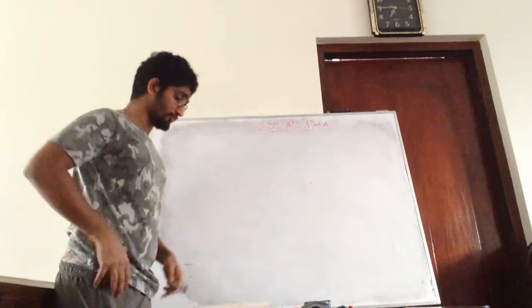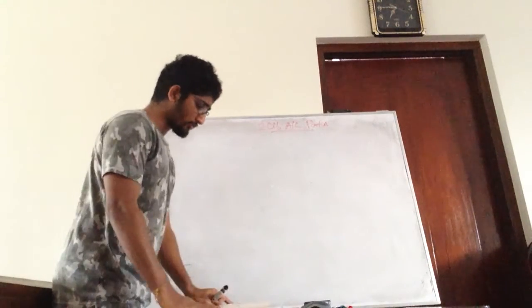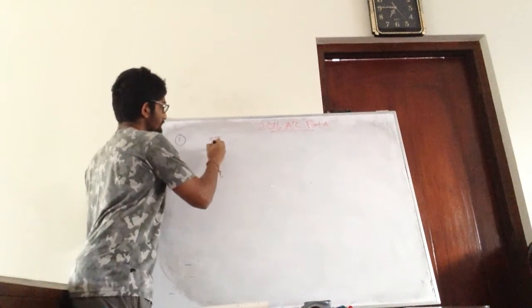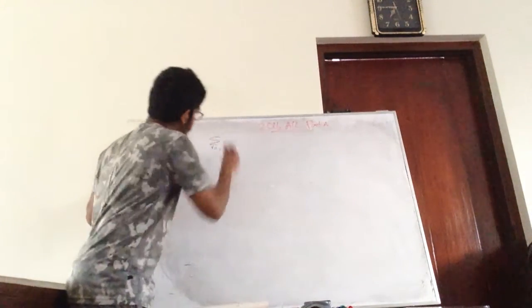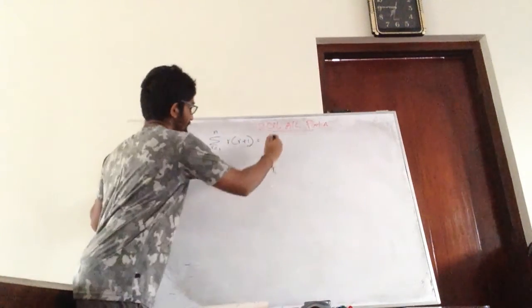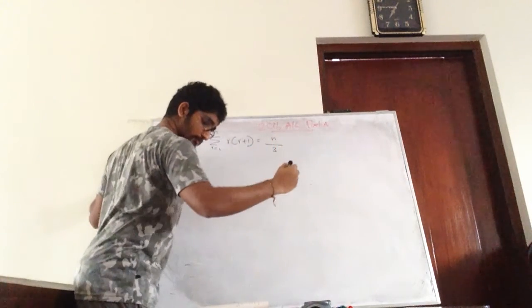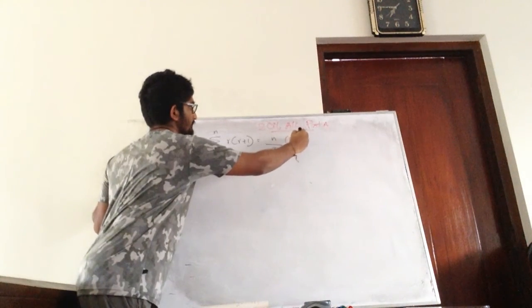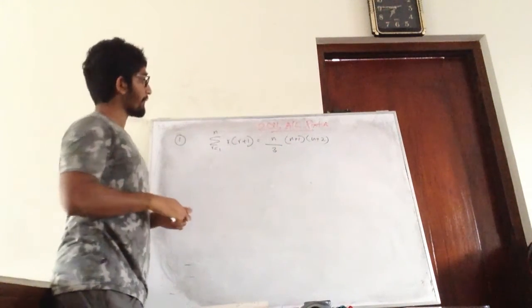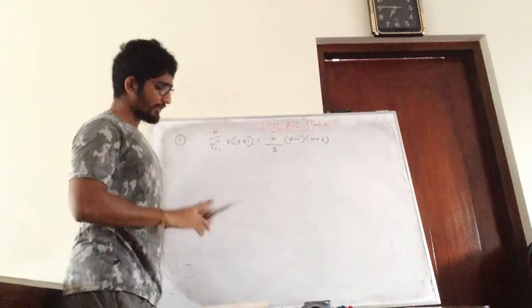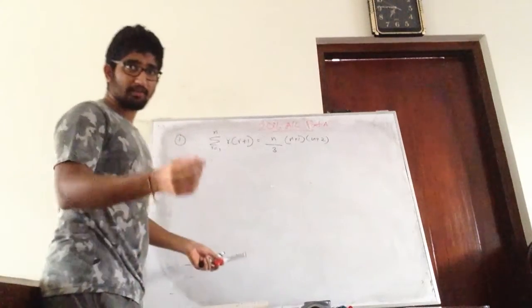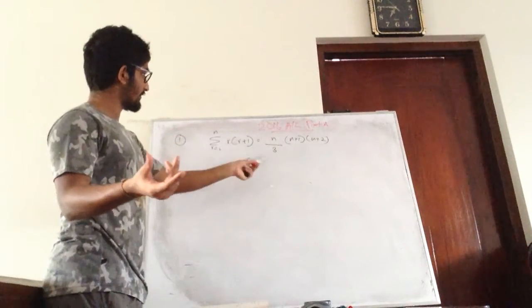So as usual, the first question says to prove that... Right, so then here what you usually do is, first of all, you define what the UR is, because this is sort of an expansion.